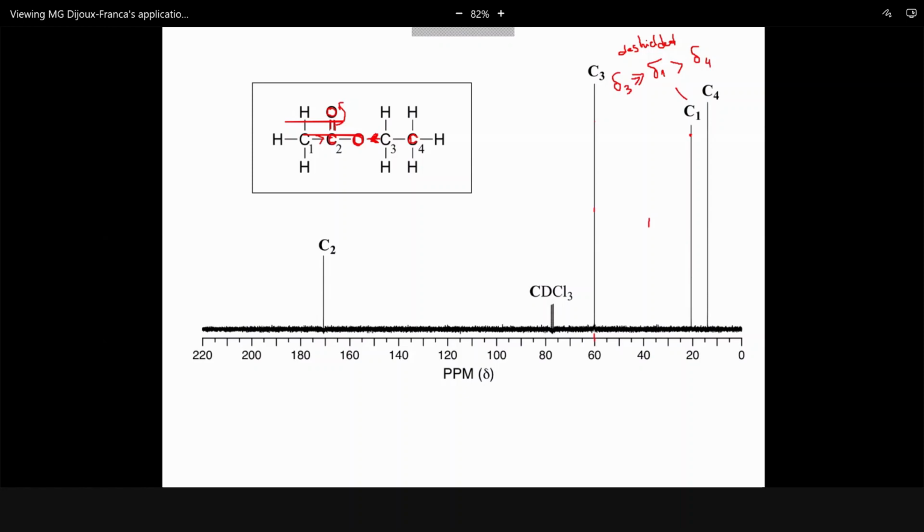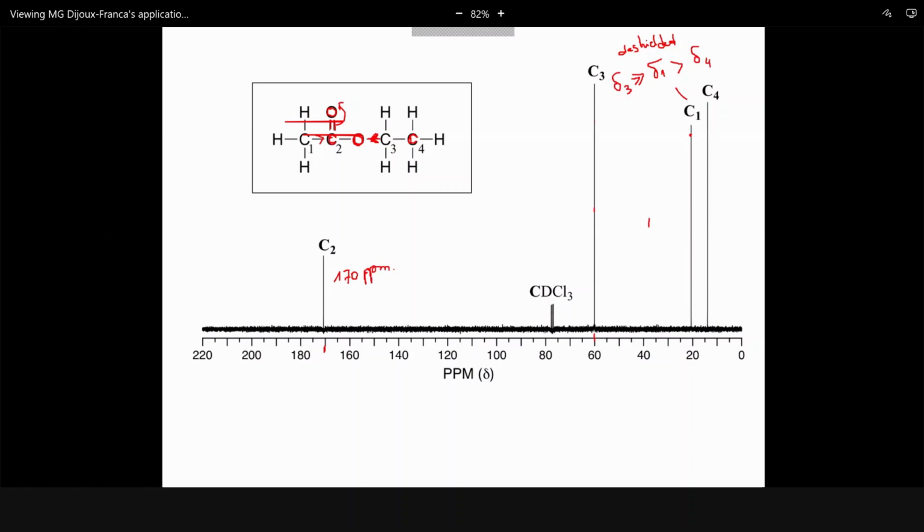And finally, carbon 2, as it is the carbon of the ester group, the carbonyl, it's very, very deshielded. We are around 170 ppm. So we have the same rules for proton and carbon to understand why the chemical shifts are different.